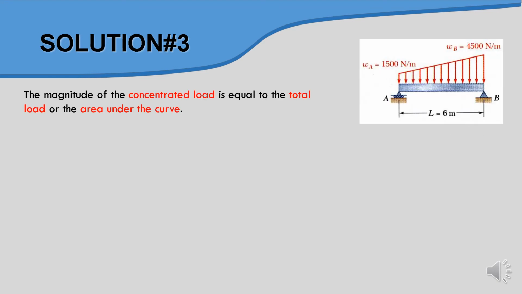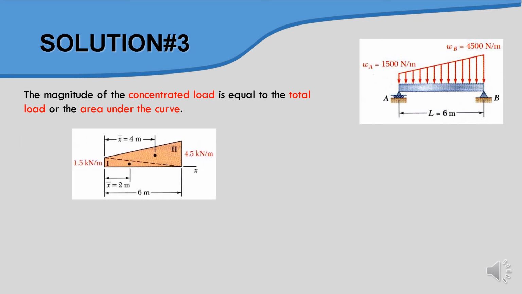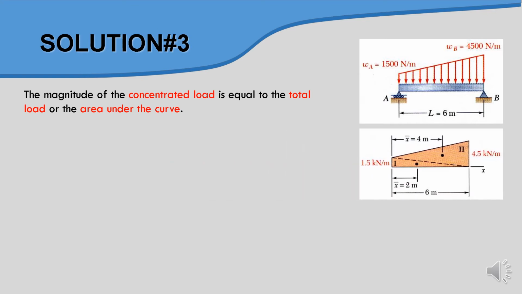So in this case we will first try to get the concentrated load by using this diagram, whereby we can get the surface area under this shape from the common shape. In this case we use the common shape of a triangle, whereby we divide into two triangles.